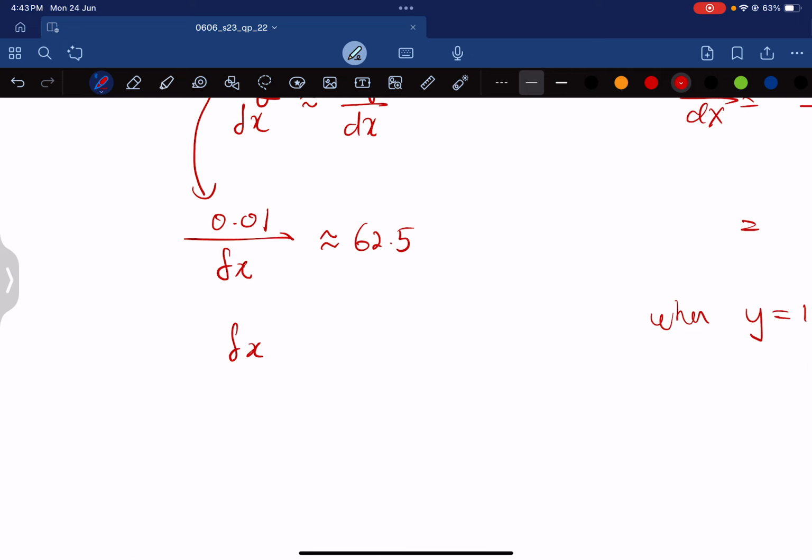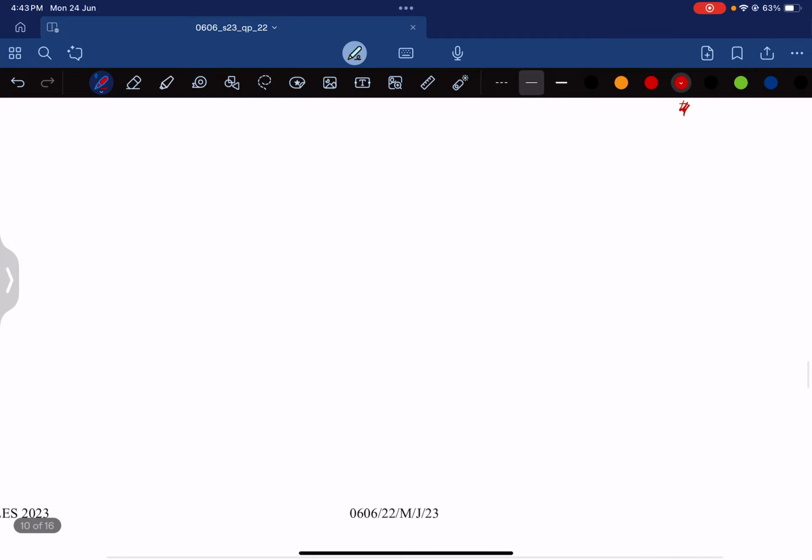So delta x is, these two can swap positions, 0.01 over 62.5. This is 1 over 100, so it's 1 over 6250. Okay, that's all.